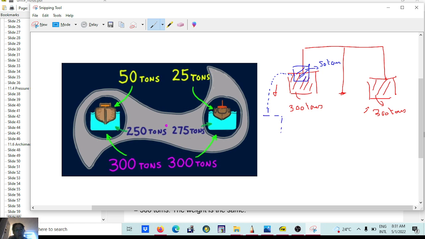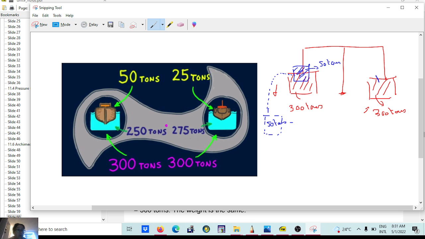And how much water is going to overflow? Exactly 50 tons. Because you remember, if it's floating, it's going to displace its own weight in water. So even though I moved out 50 tons, I replaced it by the whole 50 tons, so nothing has changed.